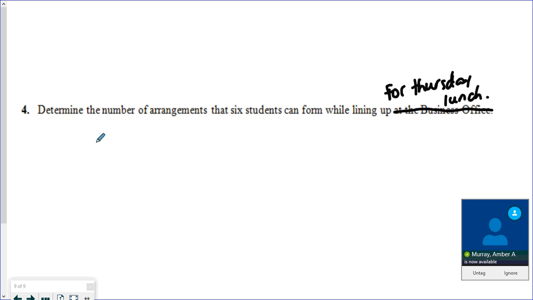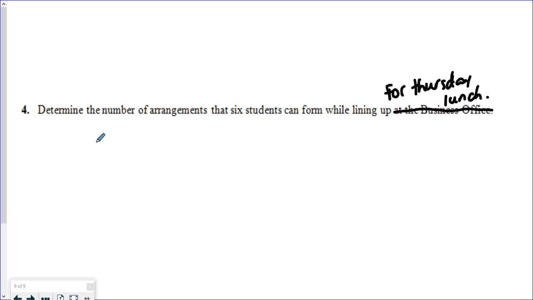So we could pick the 6 kids in our class and line us up and move us all around. We've already done one with 6, so you might also be thinking that. But using our fundamental counting principle, 1, 2, 3, 4, 5, 6. So how many students can be in the first position?